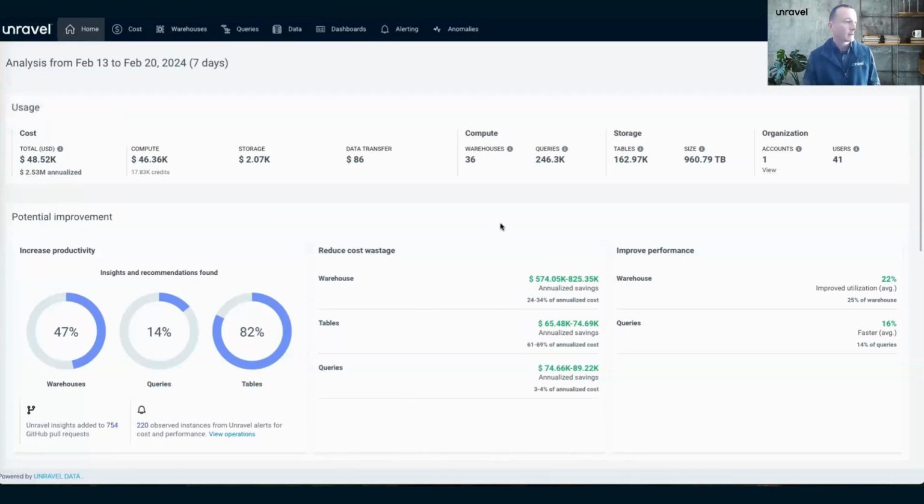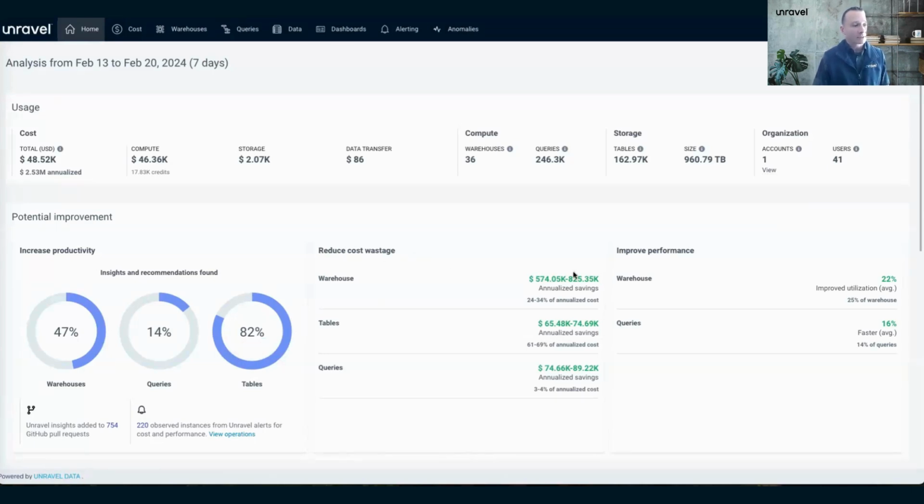So here we're in my demo playground for Snowflake, and I'm starting here at this Home tab. There's a lot of good information here, a lot of things you're seeing, areas for potential improvement around how I increase my productivity from my warehouse, my query, my data perspective. Where can I focus my attention to reduce some of that cost wastage?